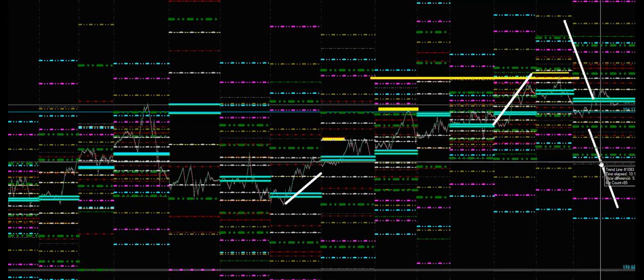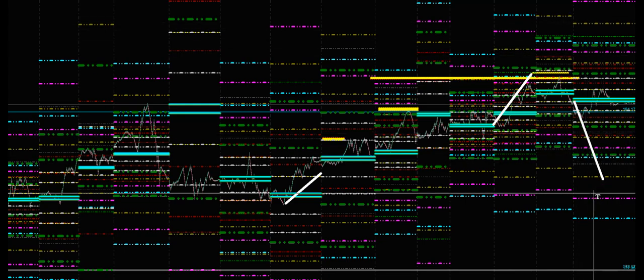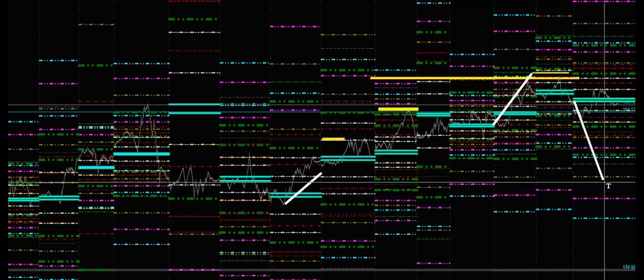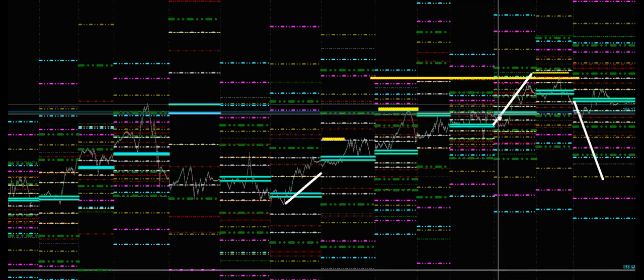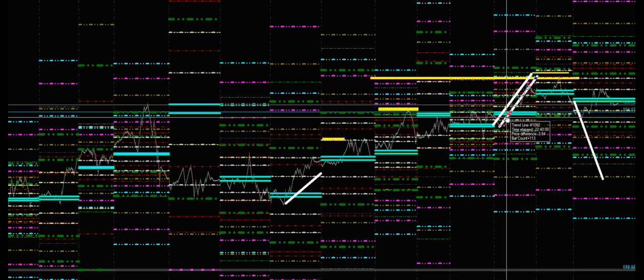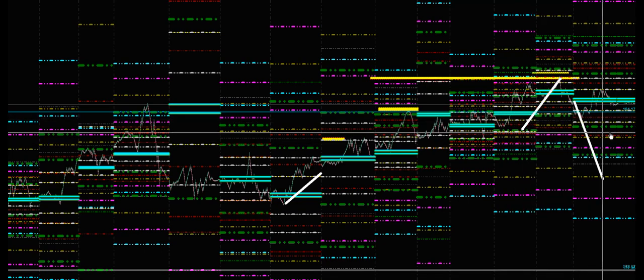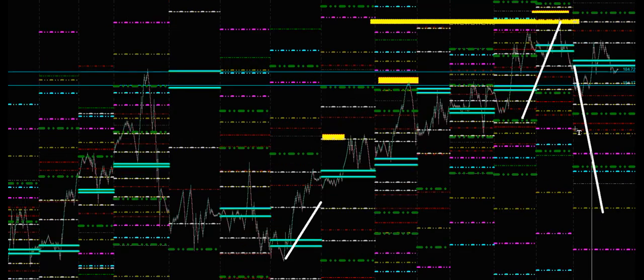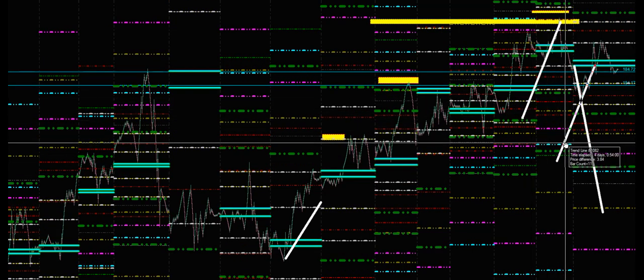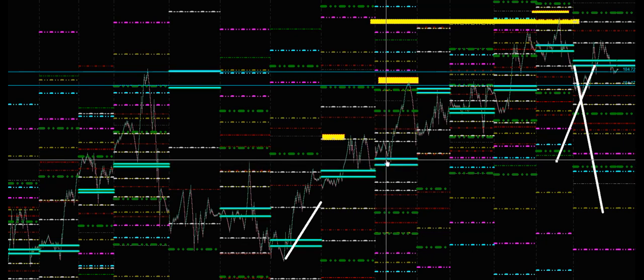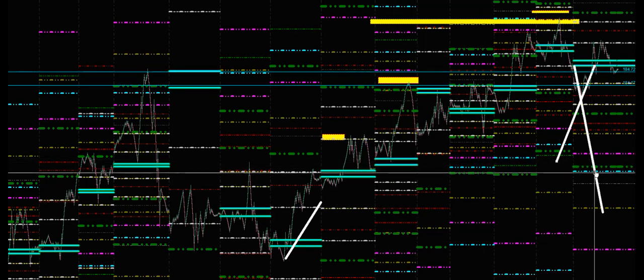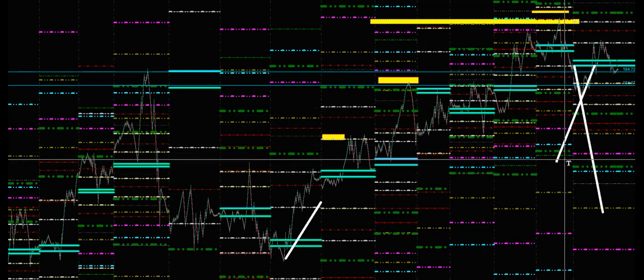One day, on bad news, it's gonna end up here, 179. And from this pivot high, it may go to 182. It's coming. And from this low, it's going to retest these levels, which will bring it down at this area.